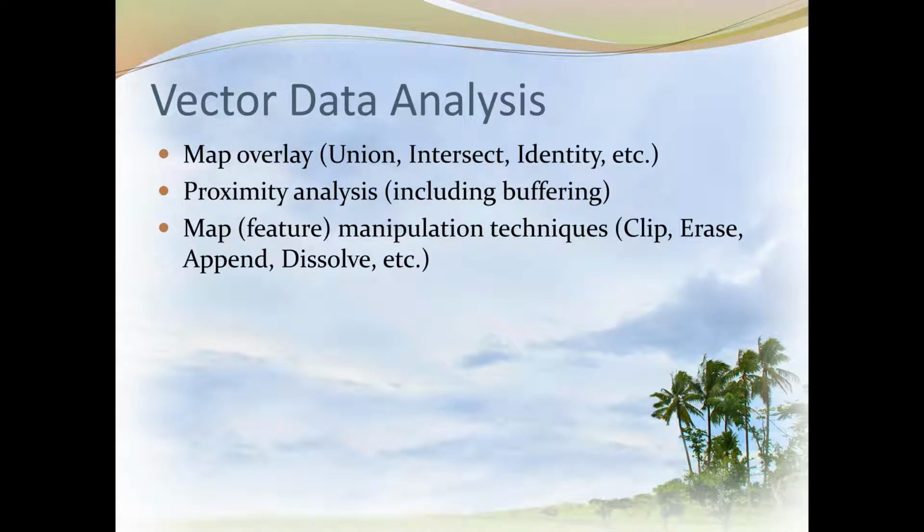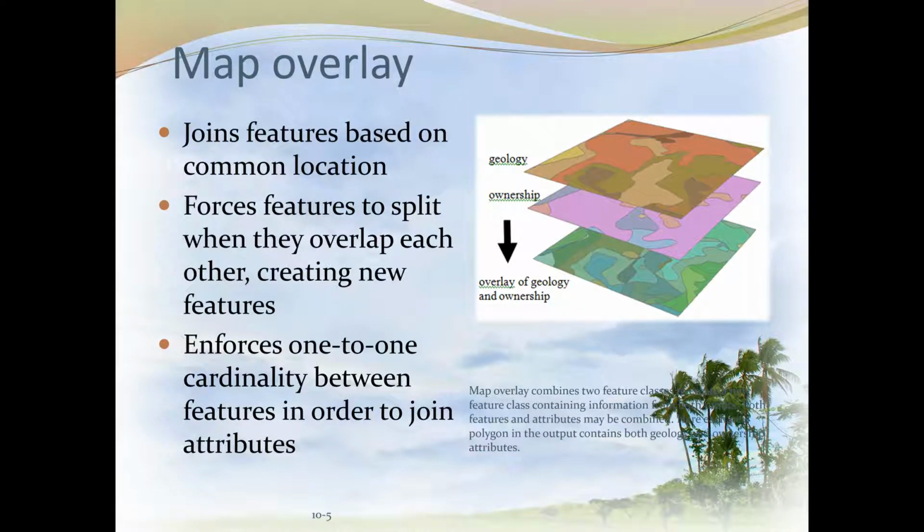So map overlay joins features based on common location and forces features to split when they overlap each other, creating new features. It enforces one-to-one cardinality between features in order to join attributes.